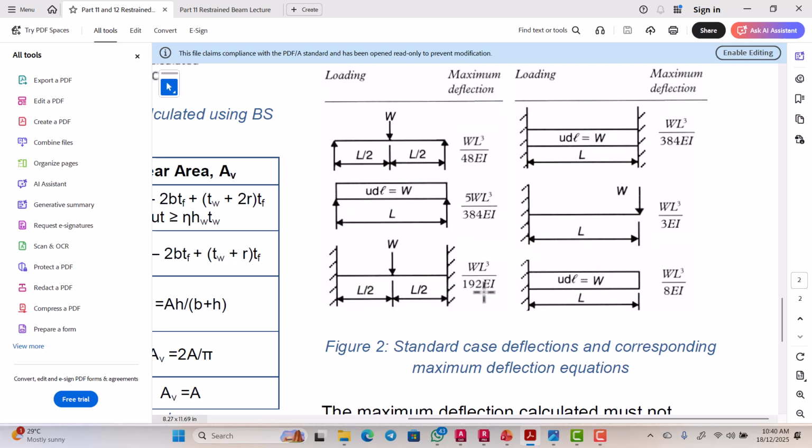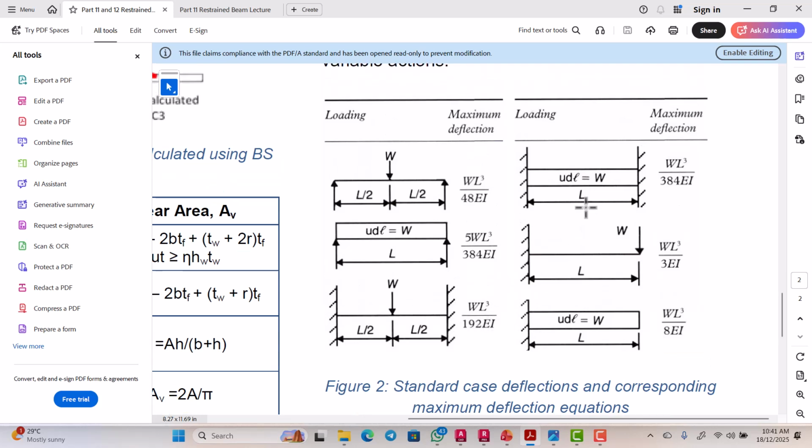So the same thing applies here. This one is when the beam is simply supported. The deflection here is when the beam is fixed. So you can see that under this one, we have WL cubed over 48 EI. Then for the fixed, we have WL cubed over 192 EI.